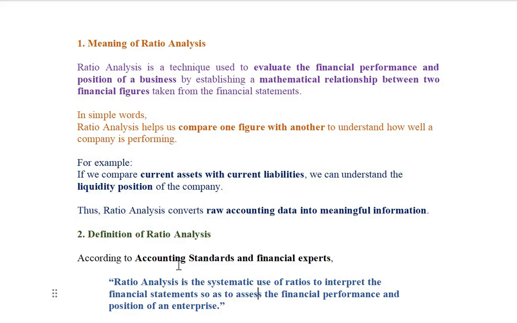Among these, for any two financial variables, we find a relationship with the help of mathematical analysis, and that is called ratio analysis. By using this tool, we can find out the financial performance of the company, and the position of the company can also be analyzed with the help of ratio analysis.